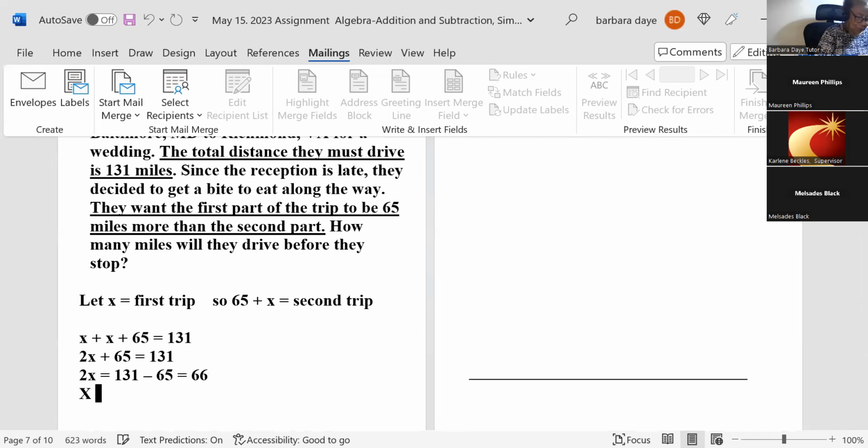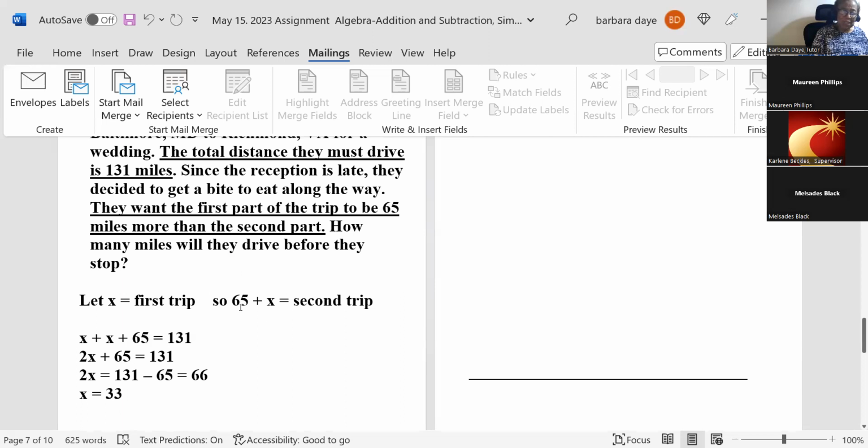That's the first trip. So what's the second trip? I say X is the first trip, and 65 plus X is the second trip. So what would the second trip be? 65 added to this X, 33.